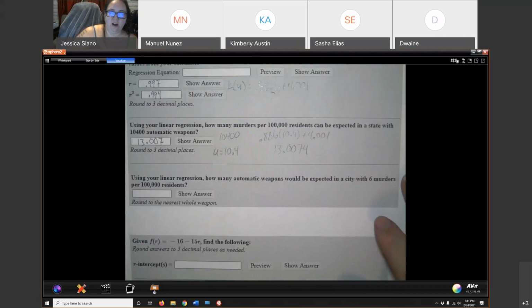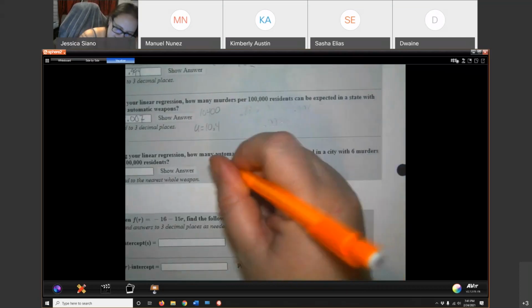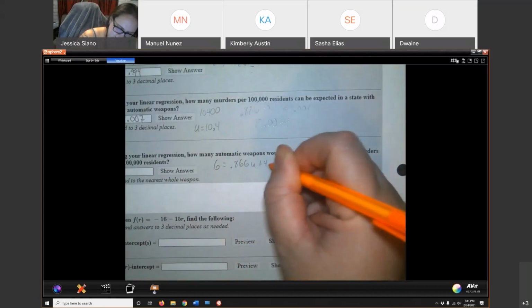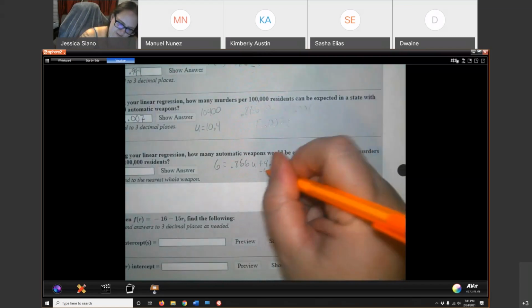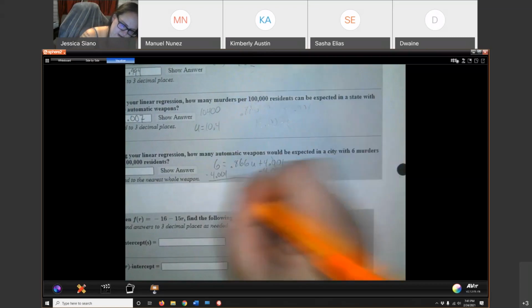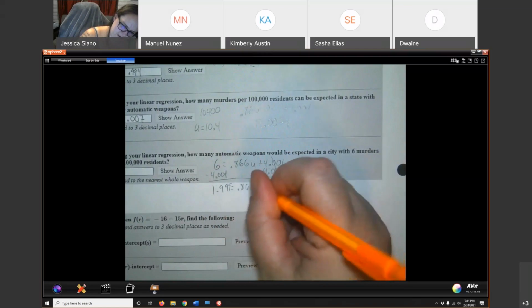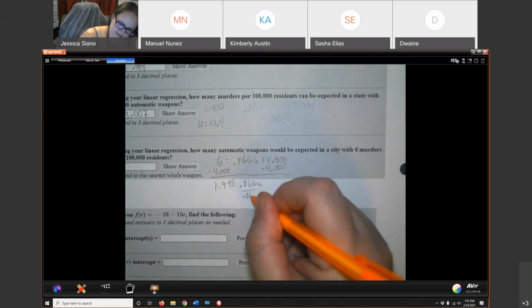So if we are trying to figure out how many automatic weapons would be expected in a city with 6 murders, well, murders were my K value. So then we would say 6 equals 0.866U plus 4.001, minus 4.001, then divide by 0.866.